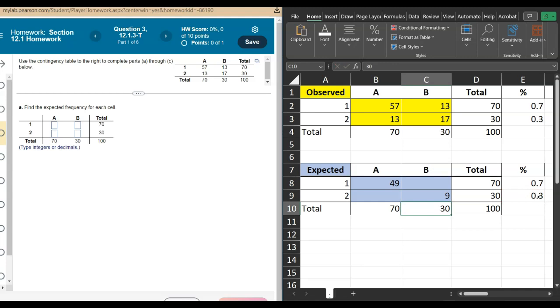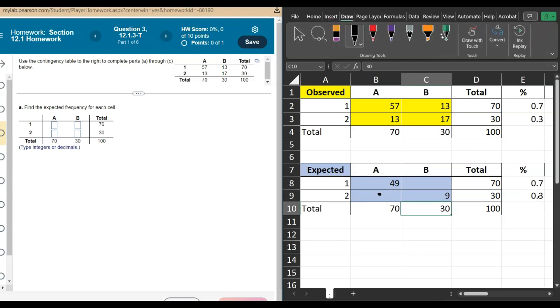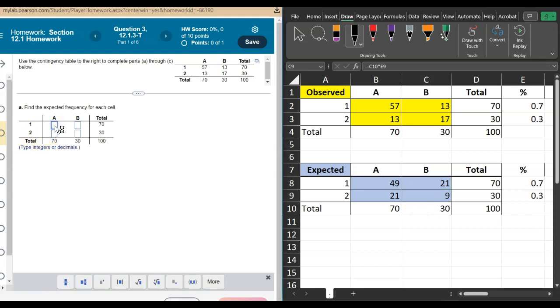Let me draw it: for this number, it's this subtotal over here and this percentage over here, so it's always crossing. So you type equal sign, select the subtotal times 0.3, then equal sign, subtotal times 0.7. Those are the 4 values I'm looking for. Just type them in. Let's check it.